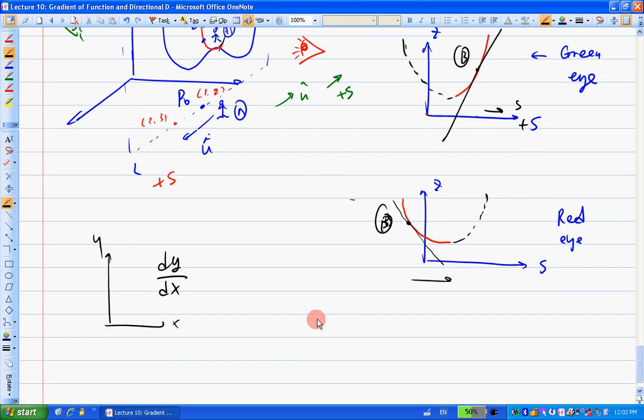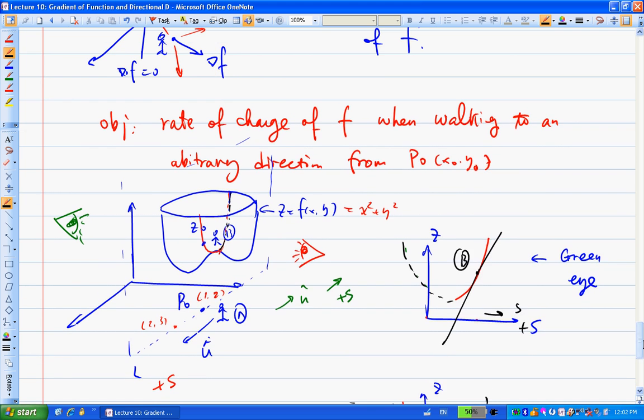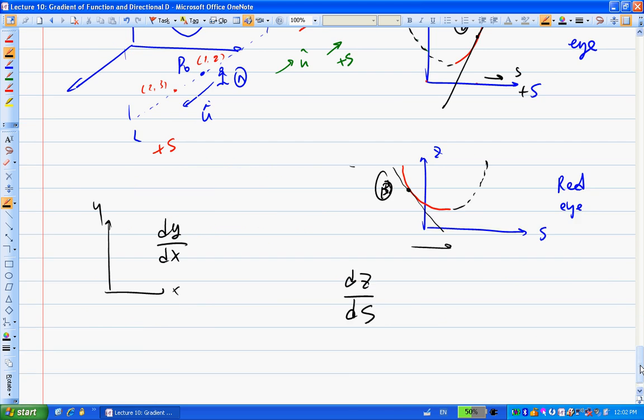Guess what? What will be the slope now? dz over ds. Well, the z here is from here, z equal to f(x,y). So instead of z, I can also say it's df over ds. So this is the slope concept, right?